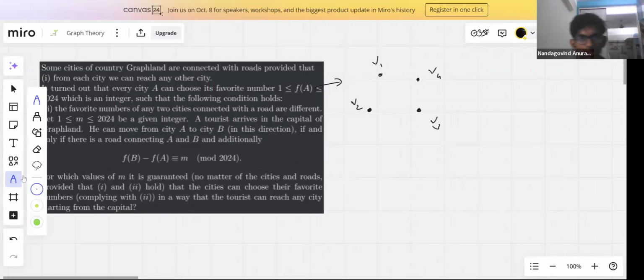Okay, so you don't see the term color written specifically. What you're told here is that I can give each vertex a specific color such that no two edges of the same color are adjacent. So the favorite number of any, oops, I should probably use a different color that you can see.